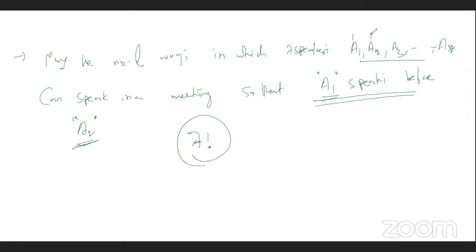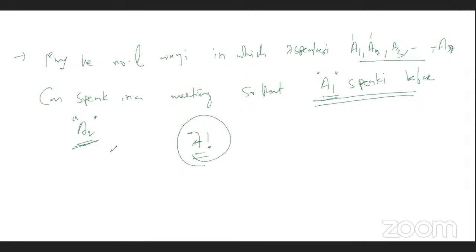2 chances, sir. No, listen very carefully. What is 7 factorial? 7 factorial means the total number of ways of 7 speakers speaking in the meeting. In these ways, the number of ways of A1 speaking before A2 is the same as that of A2 speaking before A1, because A1 and A2 are equally likely.